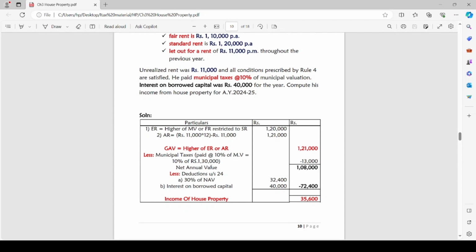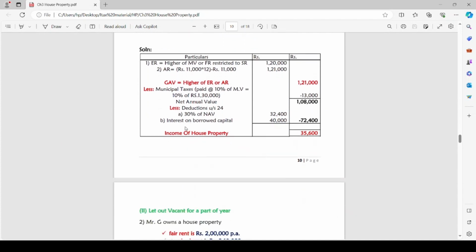We arrive at net annual value of rupees 1,08,000. The third step, we provide for deductions under section 24. The first deduction is standard deduction at the rate of 30% of net annual value. That is 30% of rupees 1,08,000, which equals rupees 32,400.